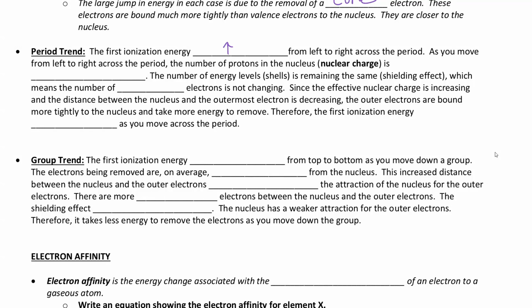If you're talking about a period trend, you are going to talk about which one, shielding or charge? Charge, because the core electrons stay the same. Anytime you're explaining a period trend, you're going to talk about nuclear charge, core charge, number of protons in the nucleus. They all mean the same thing. I don't care which one you use in your explanation. I will know what you mean. Your AP grader will know what you mean.